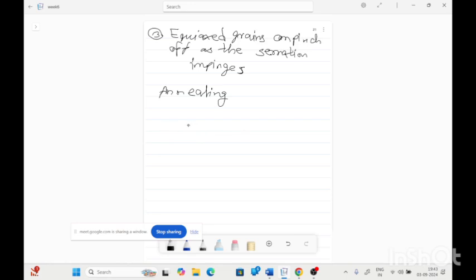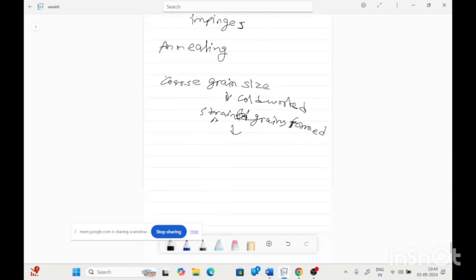The initial part has a coarse grain size that is deformed, called worked, and during the cold work strained grains form. That strained material is subjected to the annealing process or dynamic recrystallization, which leads to refined grains.